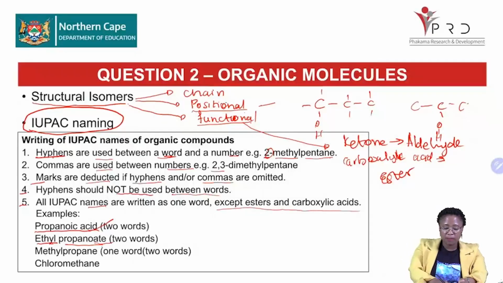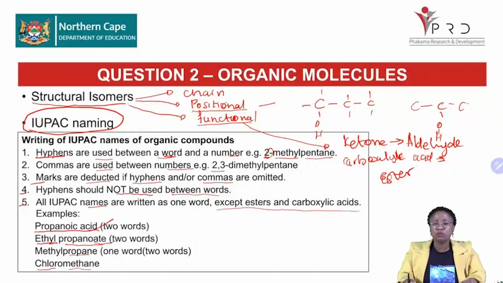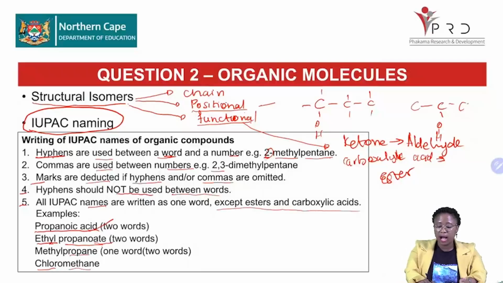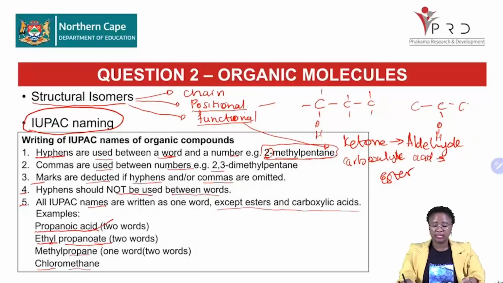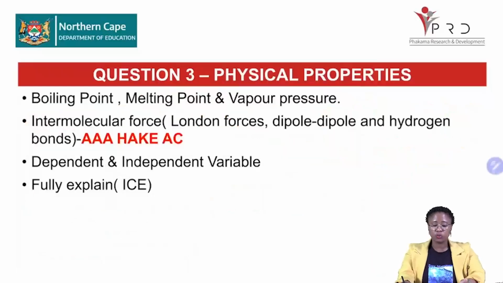And then methylpropane and chloromethane and any other homologous series or functional group or whatever structural formula that you are required to name, you must give it only 1 name and make sure that those names are combined like this one. 2-methylpentane is an example of that. I hope you guys will remember all of this, and this is definitely going to assist you.